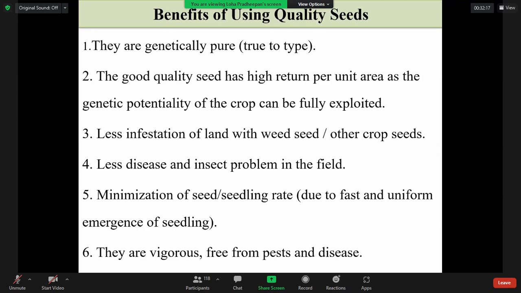Depending on the moisture content needed for the storage of the seed, we can classify the seeds into two: orthodox seeds as well as recalcitrant seeds. For the orthodox seeds, especially during storage, we can bring down the moisture content to nearly 9 to 13%.